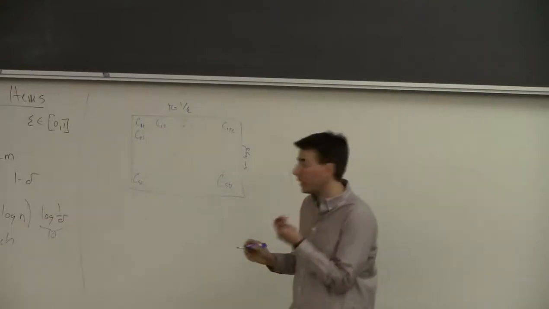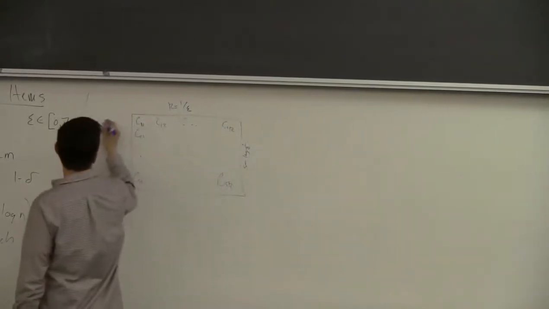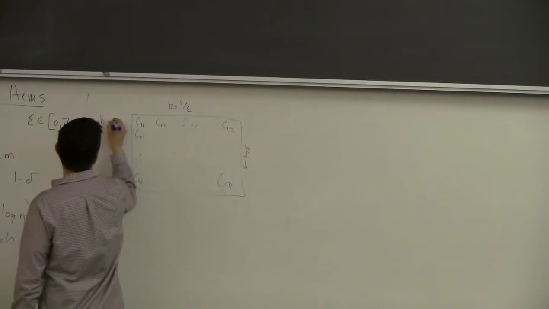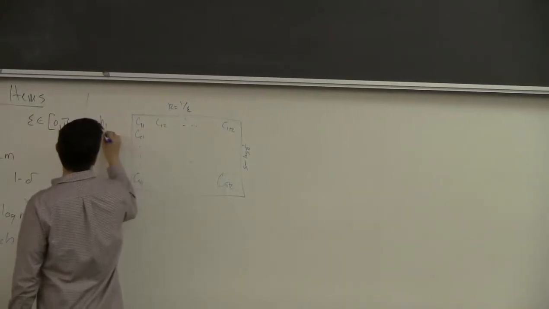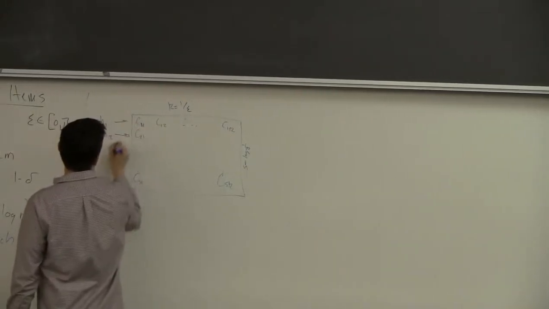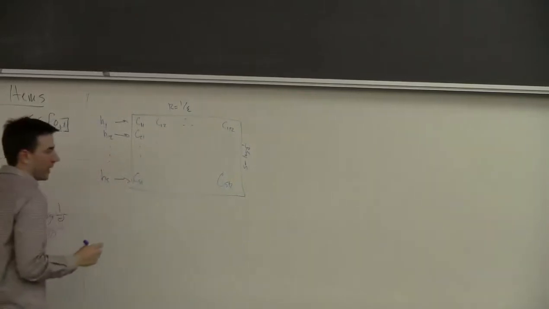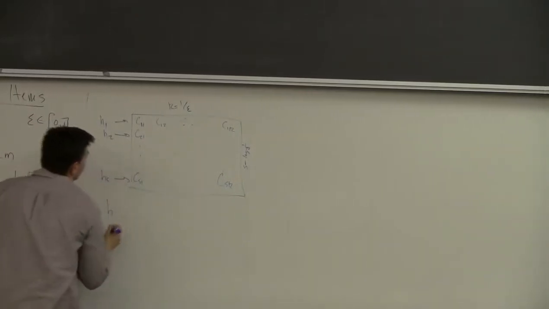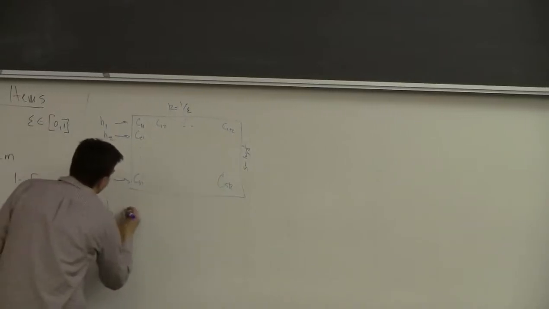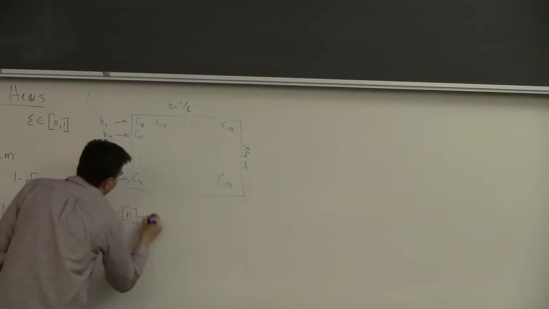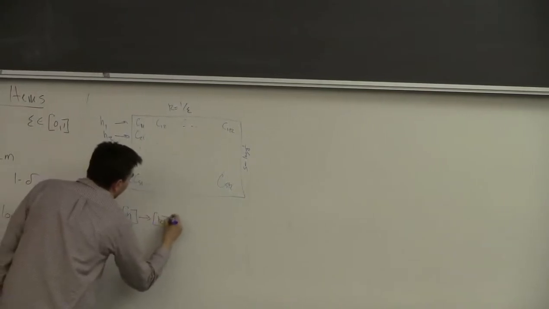What I'm going to do is keep a hash function now, h1, h2, up to hs. Each hash function, hi, is going to go from my domain to k.